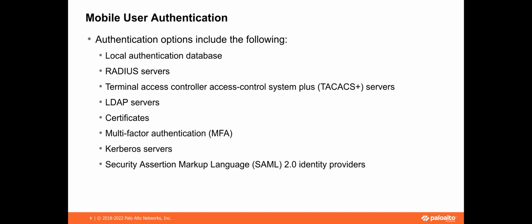Such methods include the local authentication database, RADIUS, TACACS+ or LDAP servers, or client certificate authentication, or as an extra factor, you can use multi-factor authentication, Kerberos, or SAML for web authentication.